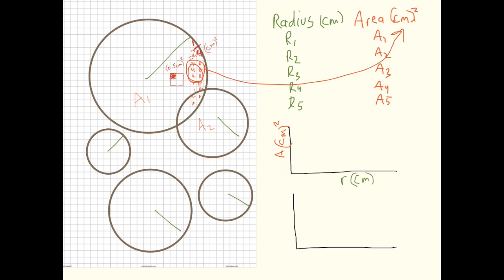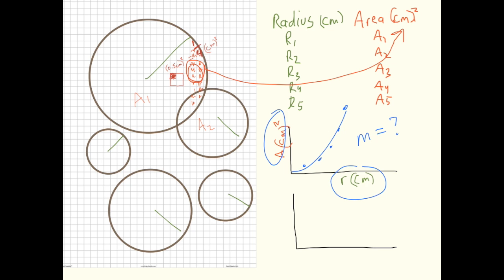All right. What you're going to find is that there is no slope of this line because the slope keeps changing. It's not going to be a line at all. It's going to be a curve. It's going to be a curved line. So if we ask ourselves, what is the m here? What's the relationship between the radius and the area?